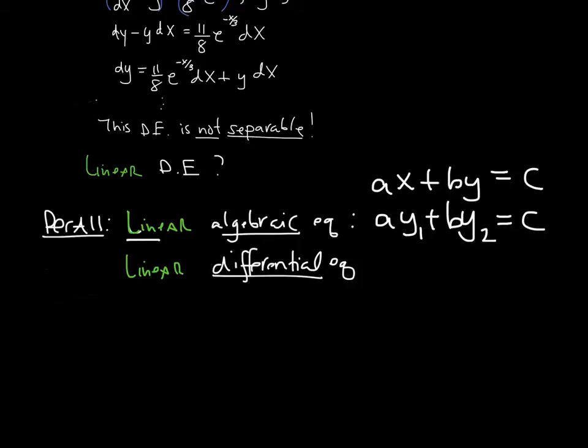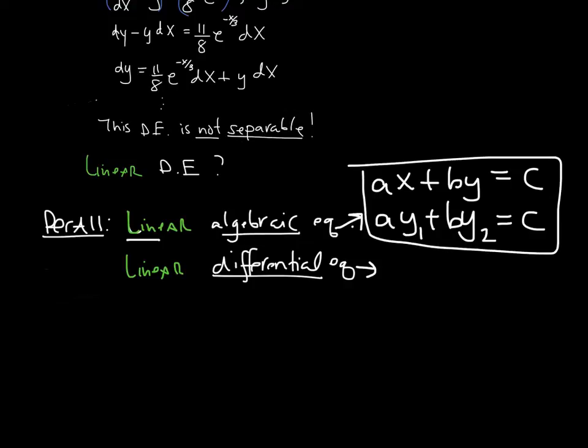So a linear differential equation is, and let's see if I can fit this in. Okay, I would just maybe box that. I wanted to do it here, but I don't want to restrict my thinking.